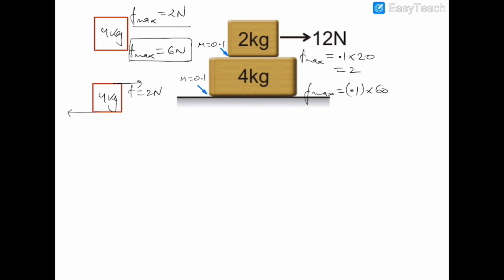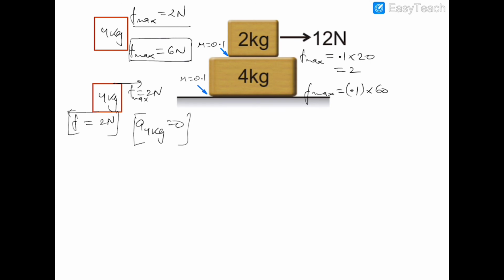Therefore 6 newtons is sufficiently enough to restrict the 2 newton force, and there will be no requirement of the complete 6 newton, and hence the friction force on the ground will be less than maximum friction, and it will be equal to 2 newtons only. So the friction acting on the ground will be 2 newton, and the friction acting between these blocks will be 2 newton also, and the acceleration of the 4 kg block will be 0.